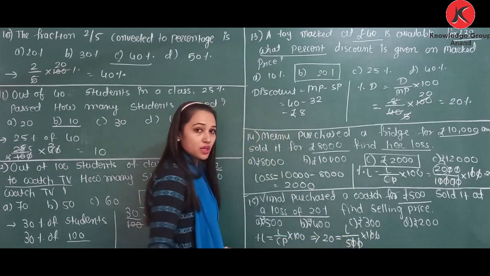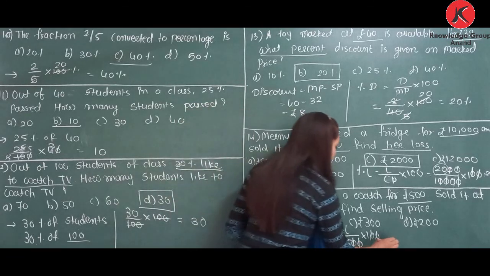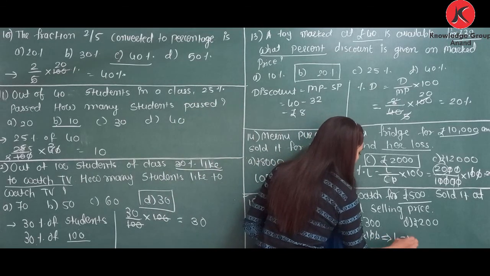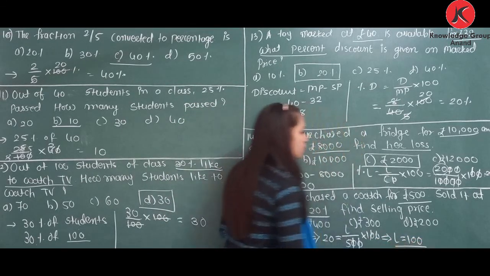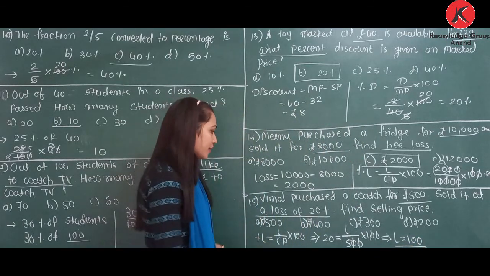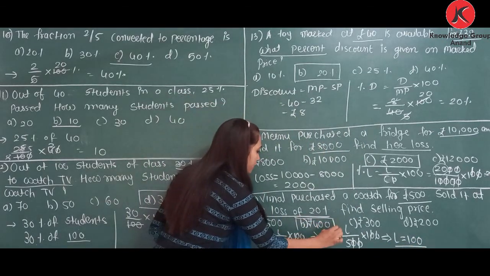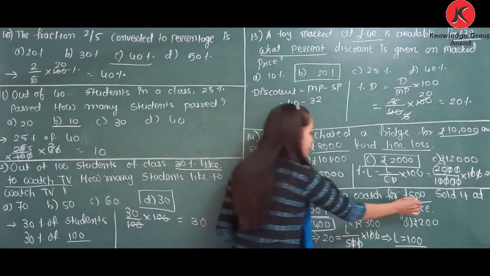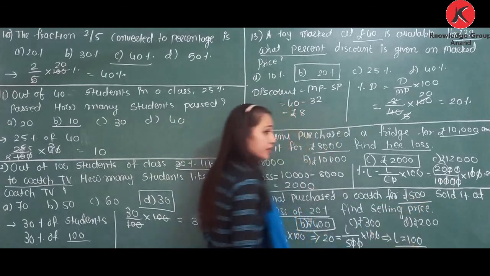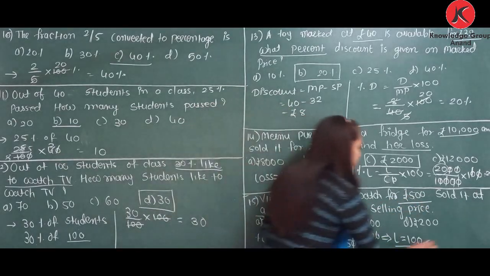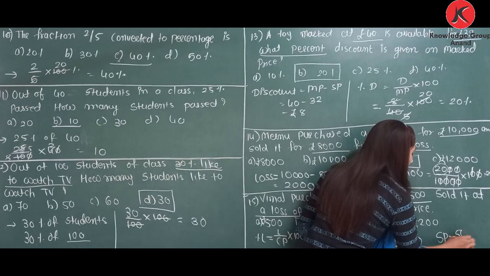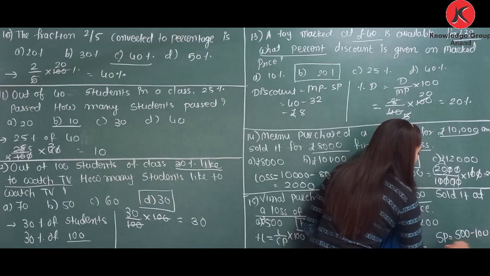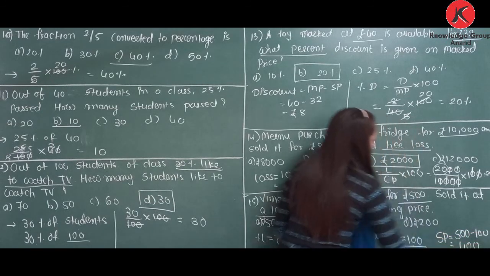So the loss will be 100 rupees. On 500 he gets a loss of 100 rupees, means selling price is 500 minus 100, that is 400. Clear?